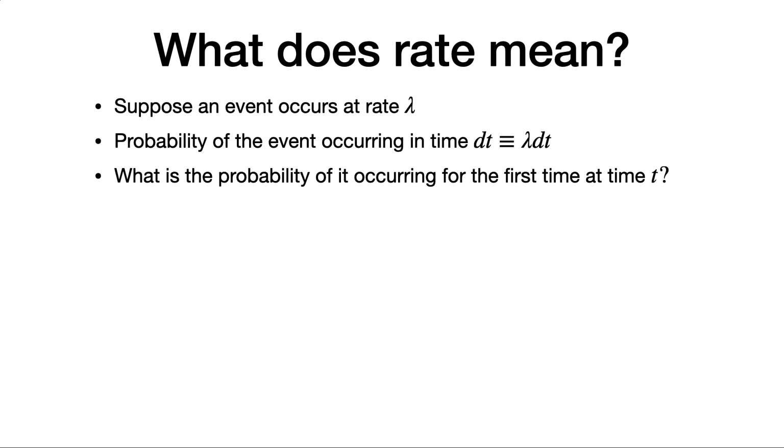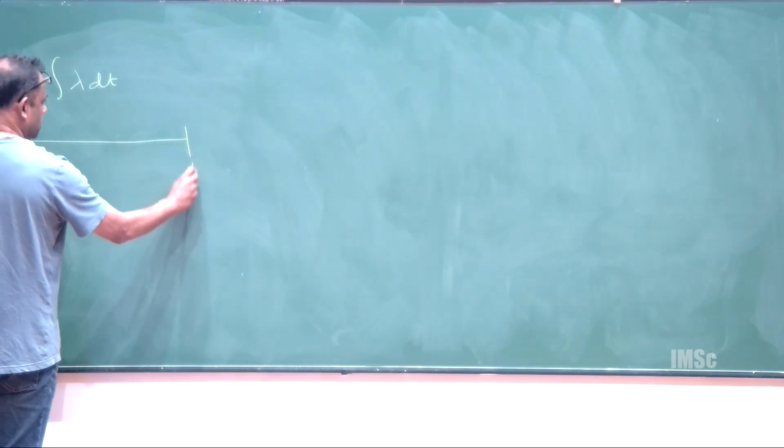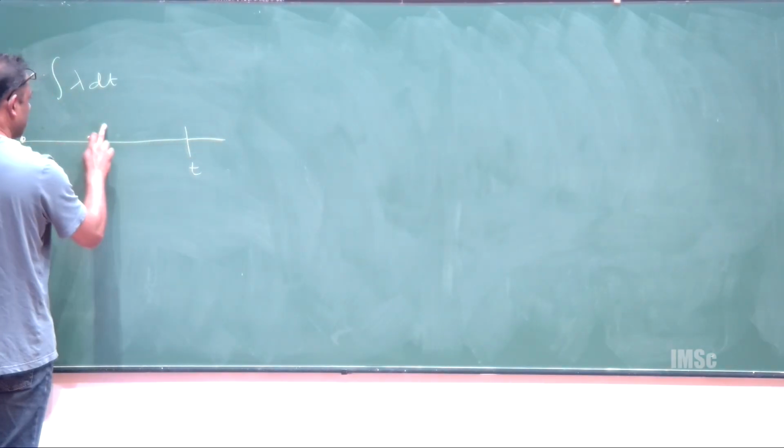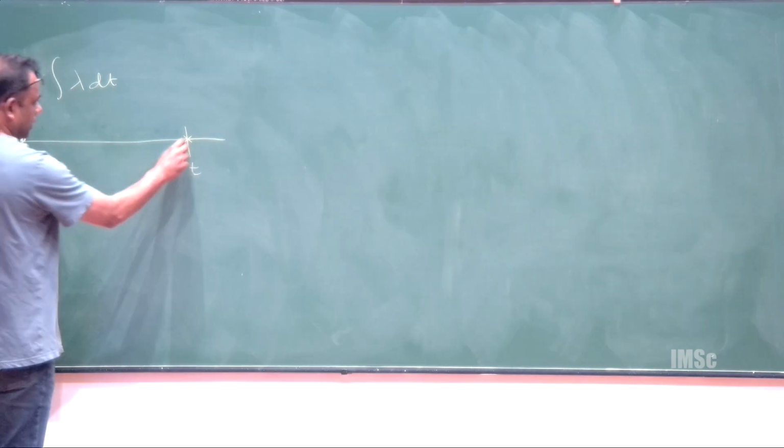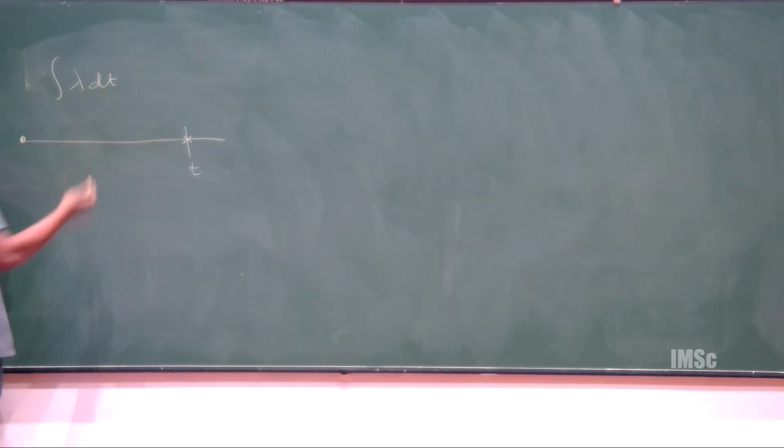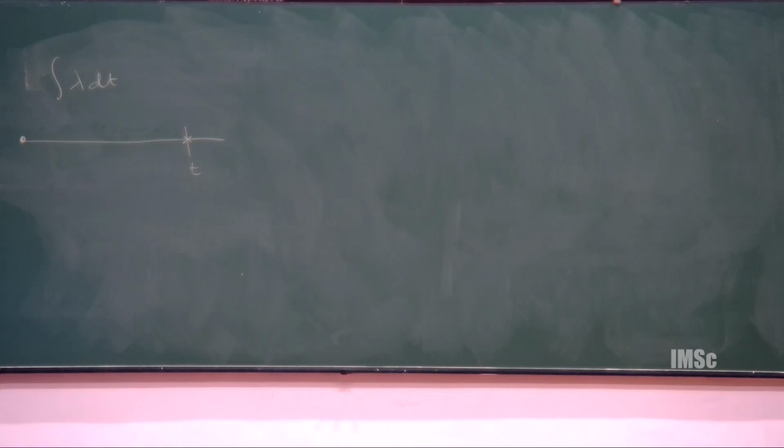So there's a stochastic process. We are asking what's the probability the event does not occur anywhere here and occurs at time t. If I do lambda dt, and the time is greater than 1 by lambda, then it becomes greater than 1. But it has to be a probability, it has to be less than 1.